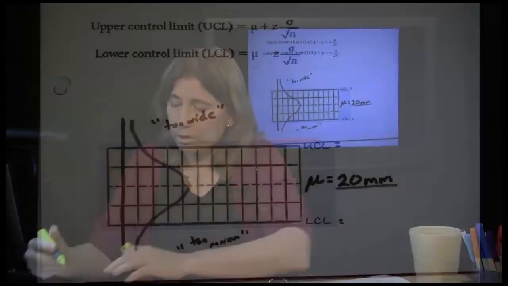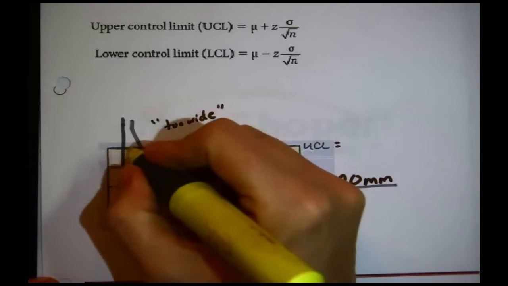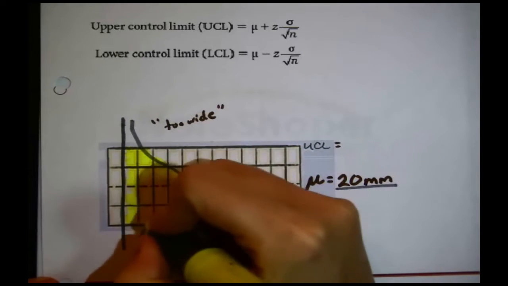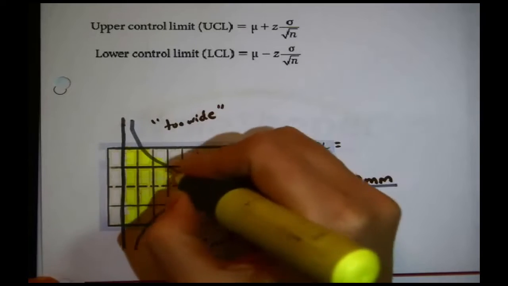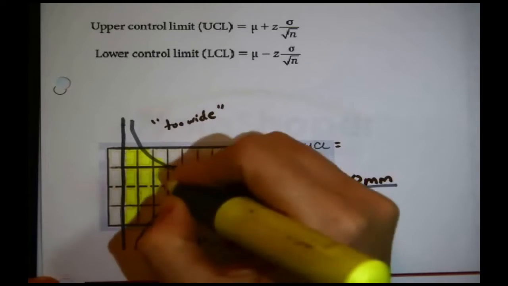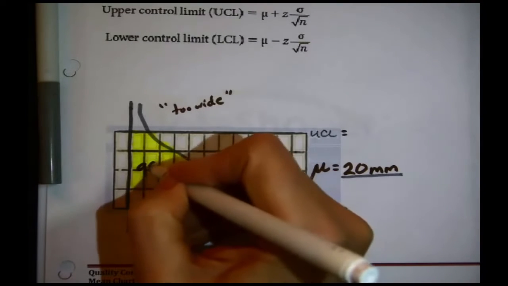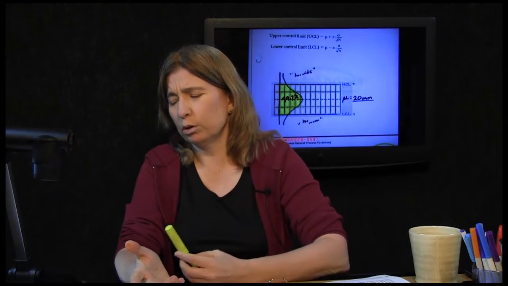But at any rate, what the manager said was that when there is in fact nothing wrong with the machine, when it is cutting tiles naturally, the manager wants to see 99.7% of the samples naturally fall within those limits. Meaning that, let's see, that doesn't leave a whole lot left over.